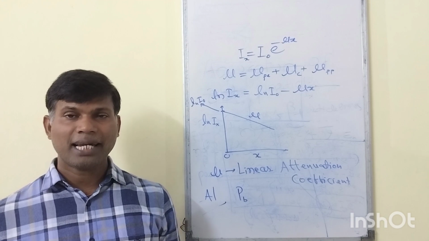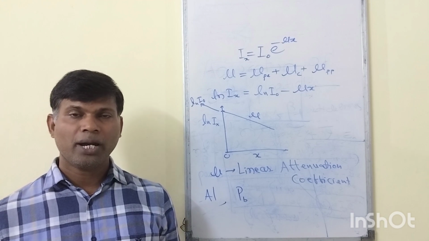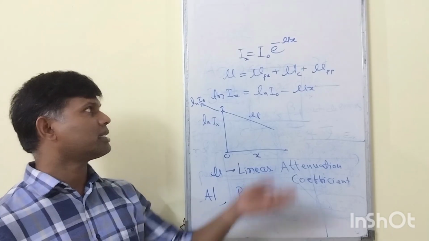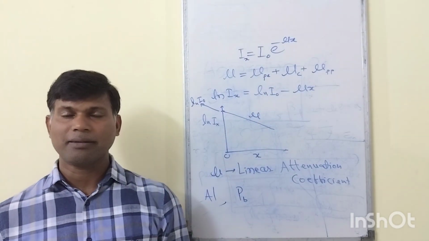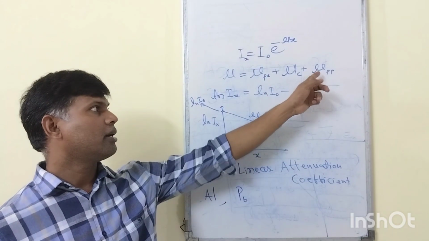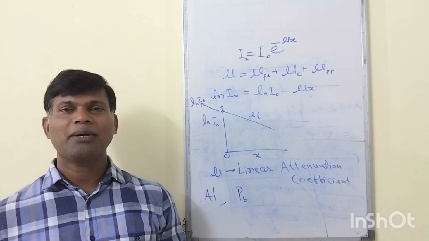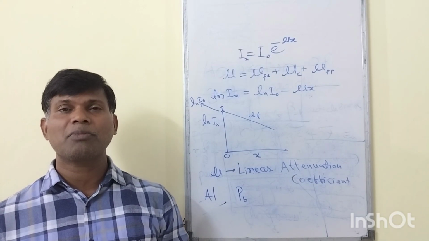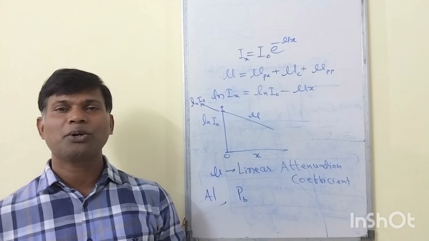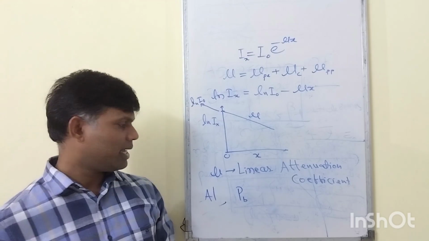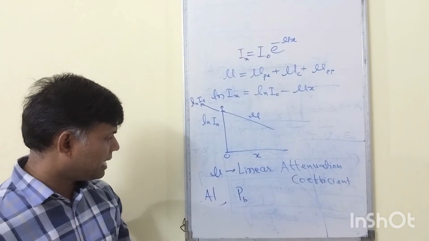The higher the energy, the lower the probability of photoelectric effect and Compton scattering. But for pair production, the higher the energy, the higher the pair production. Energy should and must be more than 1.02 mega electron volt. That we will discuss in detail.